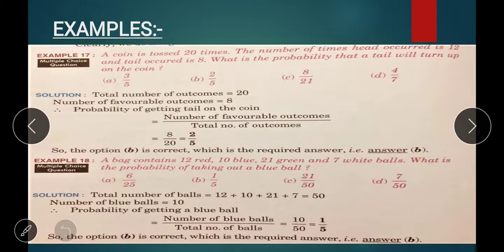A coin is tossed 20 times. The number of times head occurred is 12 and tail occurred is 8. What is the probability that a tail will turn up on the coin? Okay, students. Here there are 4 answers. We have to select any one answer. Here, students, the total number of outcomes is 20. The number of favorable outcomes is 8, because tail occurred 8 times only.